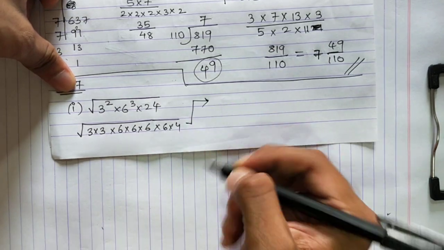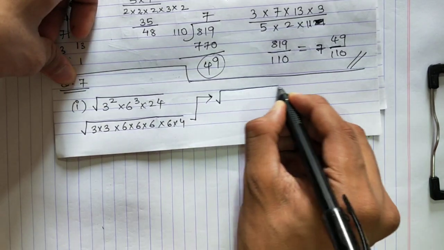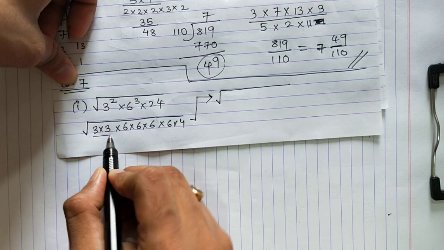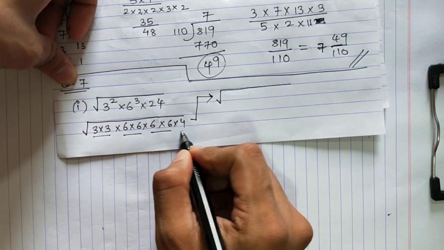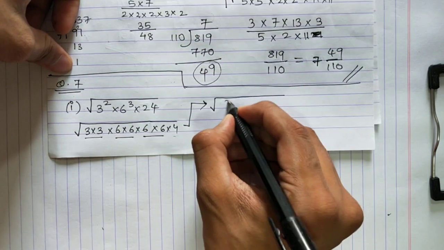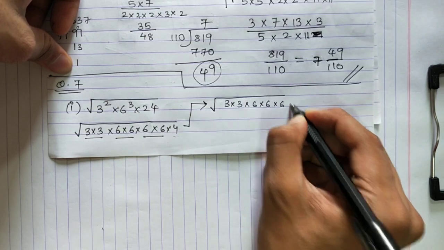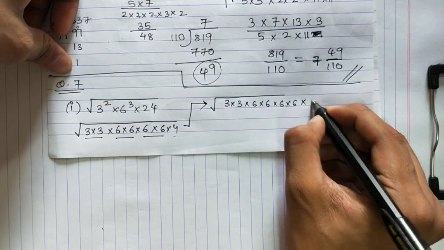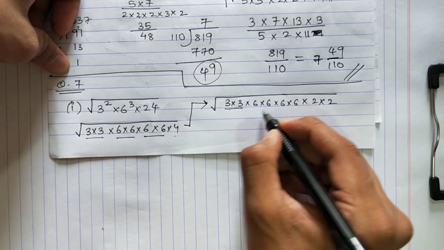Next step I'm writing here. So you see, this 3 and 3 is making a pair, this 6 and 6, this 6 and this 6, and this 4 can be written as 2 into 2, correct? So I'll write it once again, 3 into 3, 6 into 6, one more 6 into 6, and in the end I'll write 2 into 2. So these are pairs.